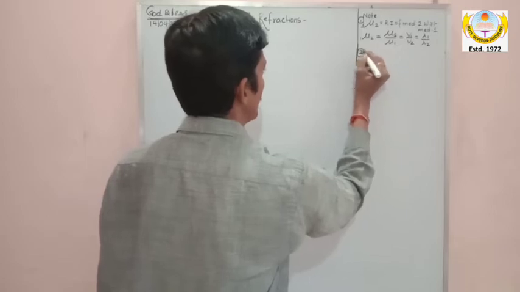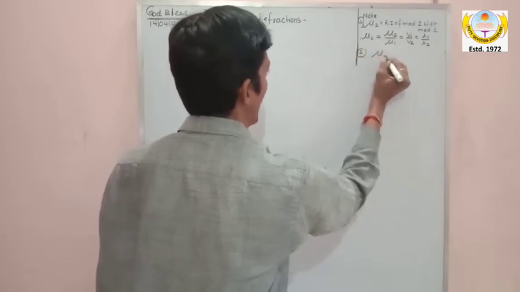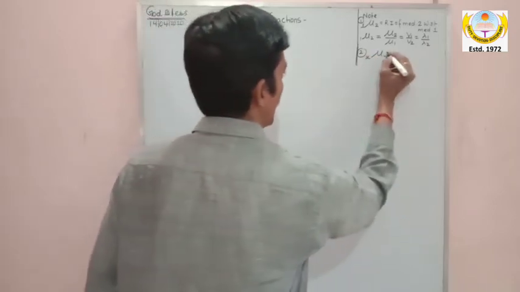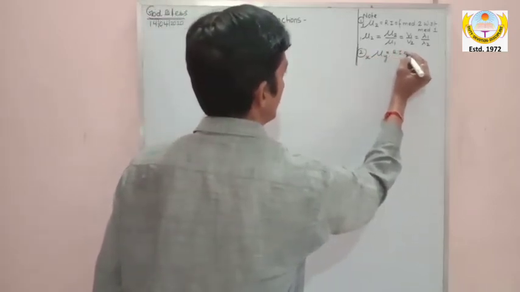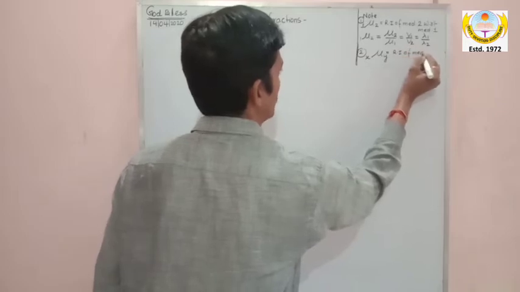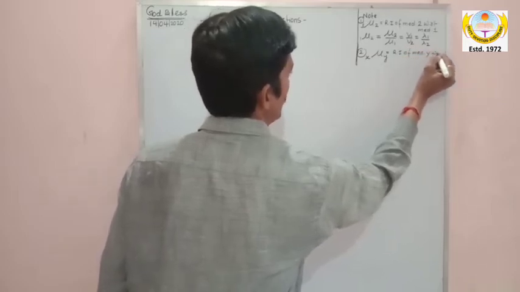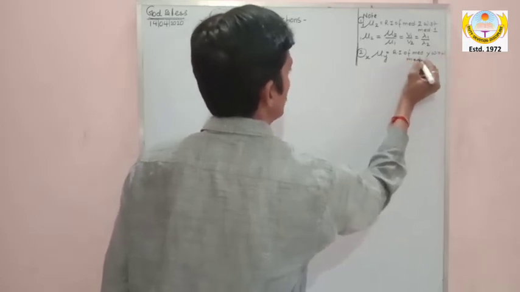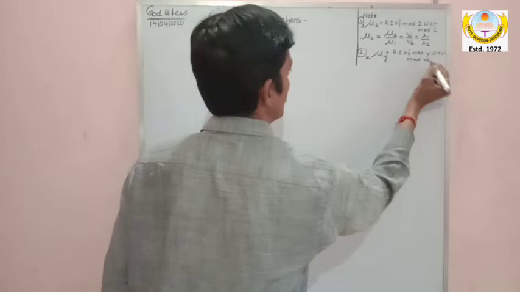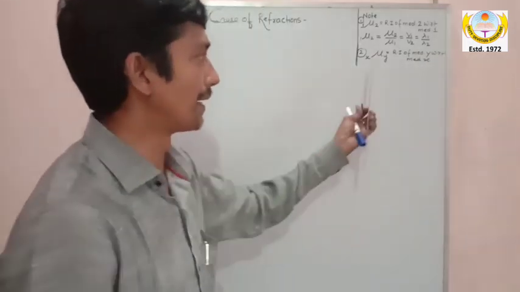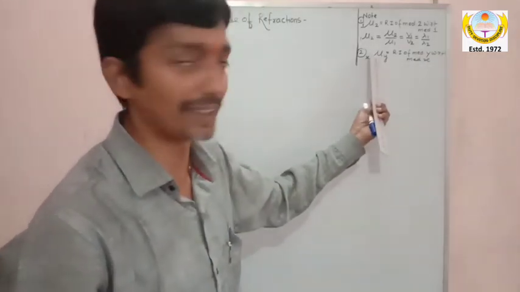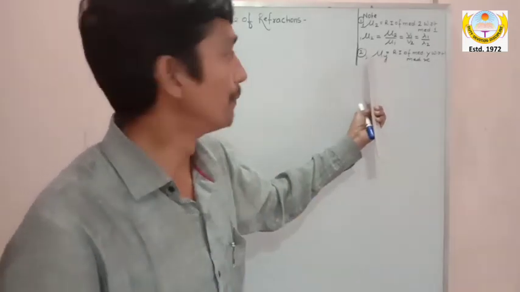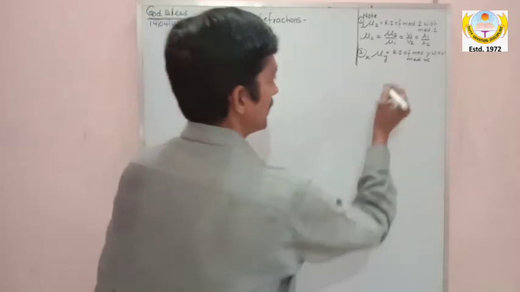If I write down this way, mu of y with respect to x, how do I read this? Refractive index of medium y with respect to medium x. Learn to read first. Refractive index, that is mu of y with respect to x, that is medium x.